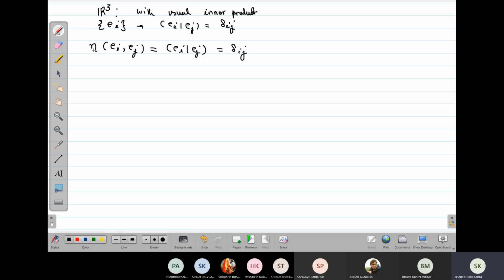So the component of eta in this basis will be eta ij, the same as delta ij. In this basis, your eta matrix will look like 1 0 0, 0 1 0, 0 0 1.